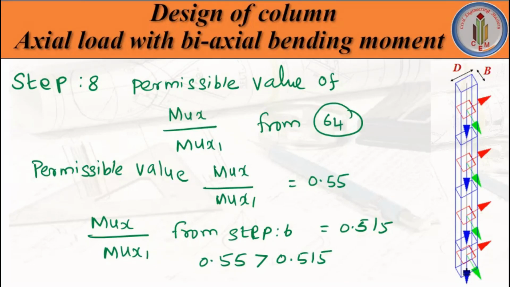So the permissible value is greater than the value whichever we have calculated. Reinforcement percentage is safe. So we can go for the reinforcement calculation in the next step.